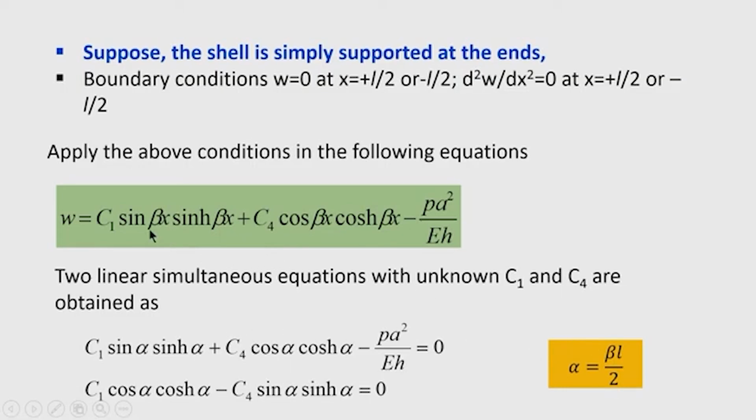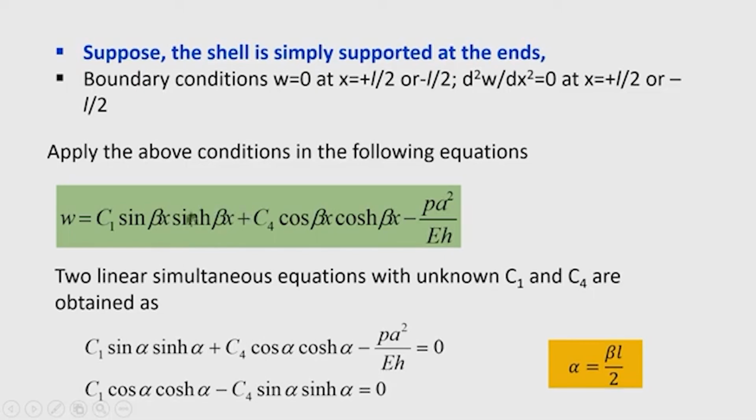So, you can see here, when I substitute x is equal to L by 2, this term becomes C 1 sin beta L by 2 into sin hyperbolic beta L by 2 plus C 4 cos beta L by 2 into cos hyperbolic beta L by 2 minus p s square by E h.